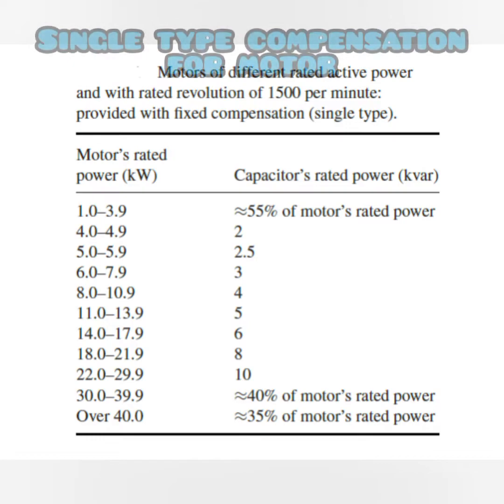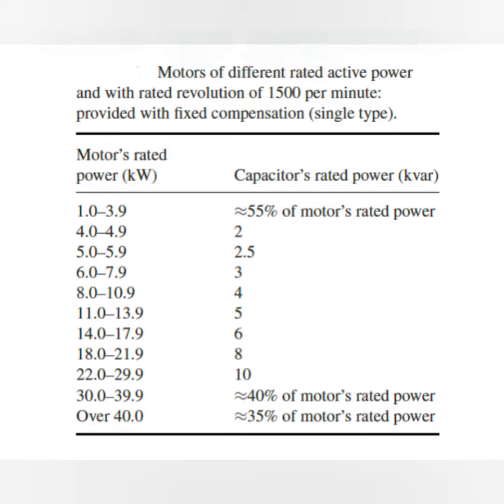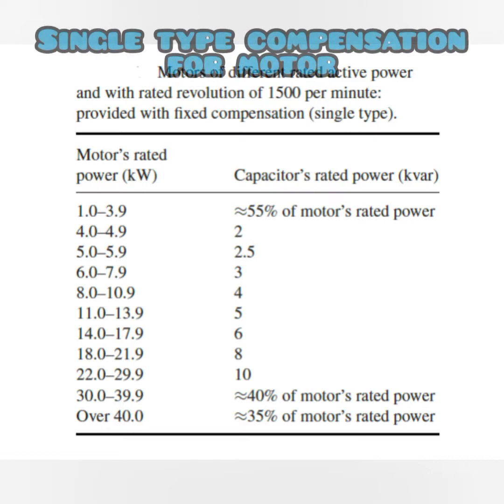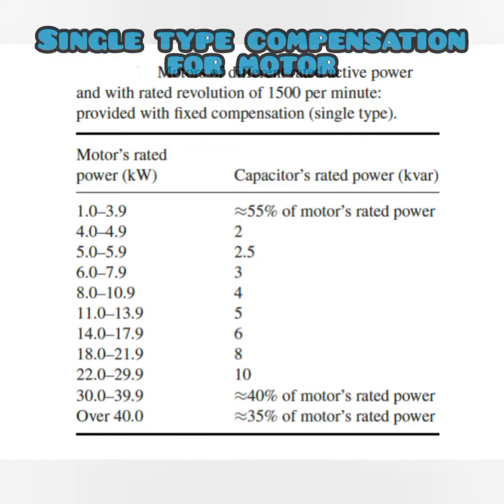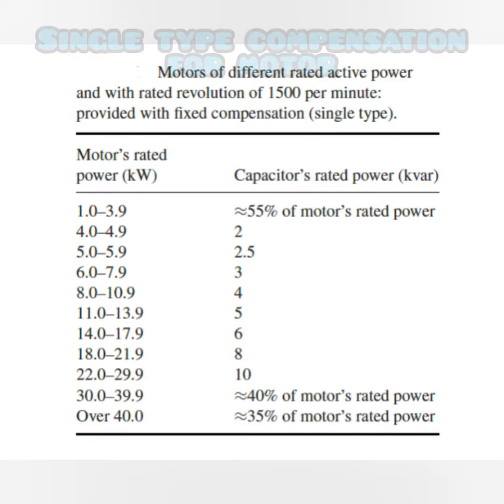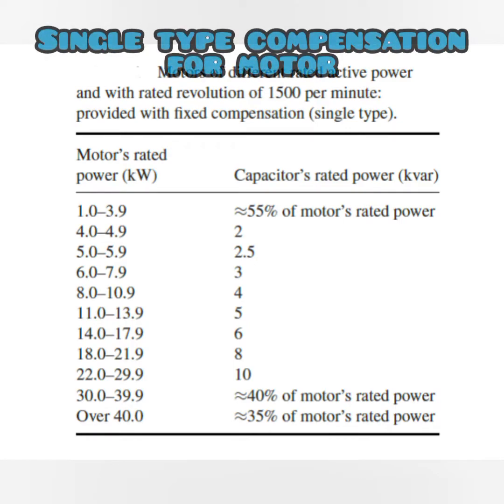Then this is the capacitor rating needed as per the motor rated power. For 1 kilowatt to 3.9 kilowatt, we use 55% of the motor rated power as kVAr. Then for 4 to 4.9 we have 2 kVAr, then 5.5 to 5.9, 2.5 kVAr. Likewise, for each motor rating, we increase the kVAr rating also.